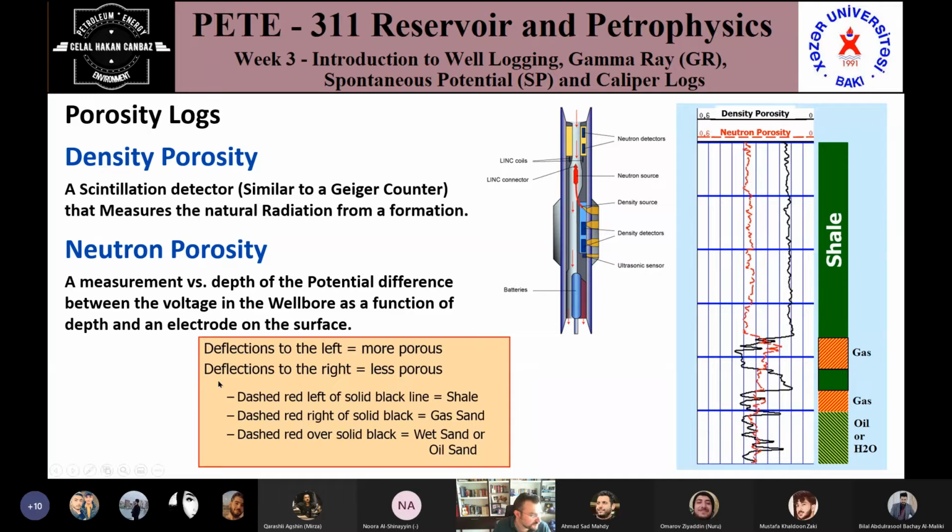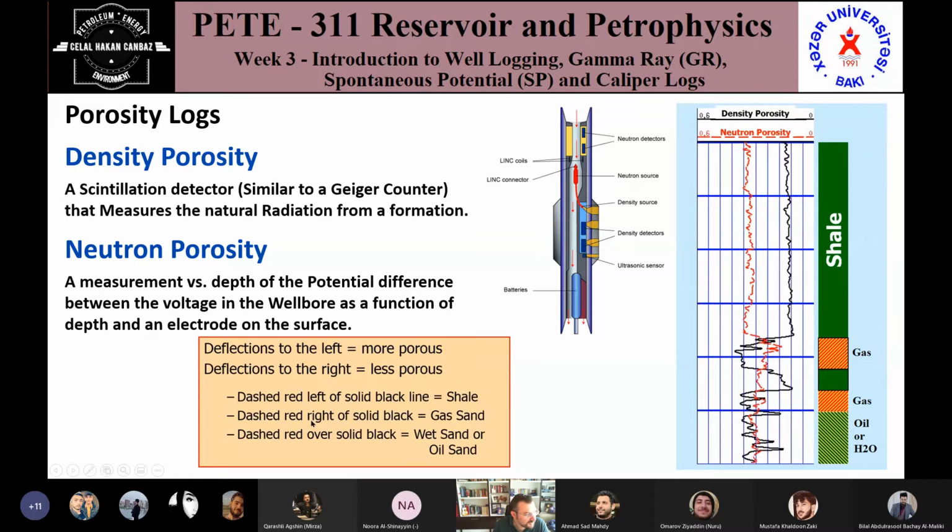A trick in here: the deflection to the left means it's more porous. The deflection to the right is less porous, like shale. Dashed red left of solid black line gives you the shale.